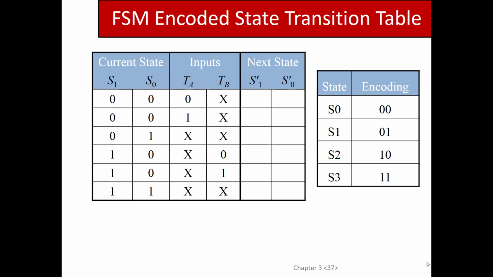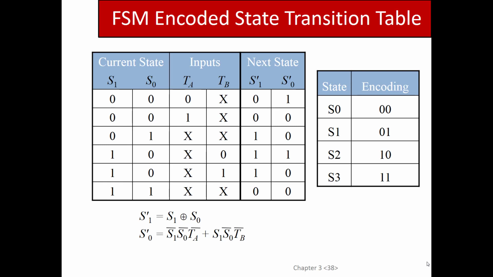Okay, so once you've got that, you can replace the current state here with the actual state encodings. At that point you can disregard the symbolic names there. So state 0, 0, 0, 1, 1, 0, 1, 1, 0, 0.